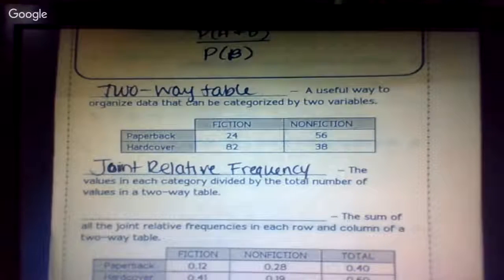Okay, so this would be me taking 24, which is the amount of paperback and fiction, divided by the total number of books I have altogether, whether they're paperback, fiction, nonfiction, or hardcover. That is joint. Okay, we're also going to talk something about marginal relative frequency.